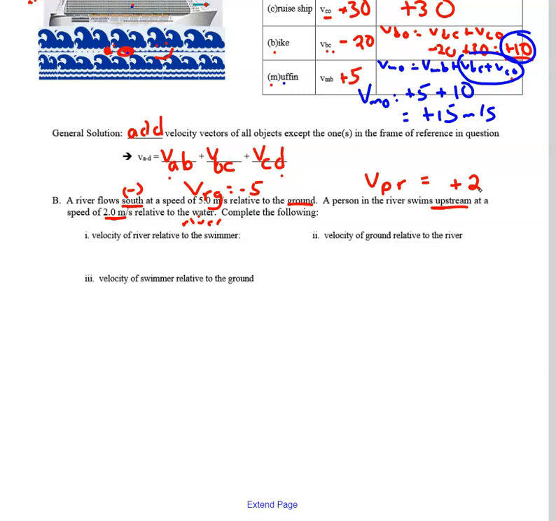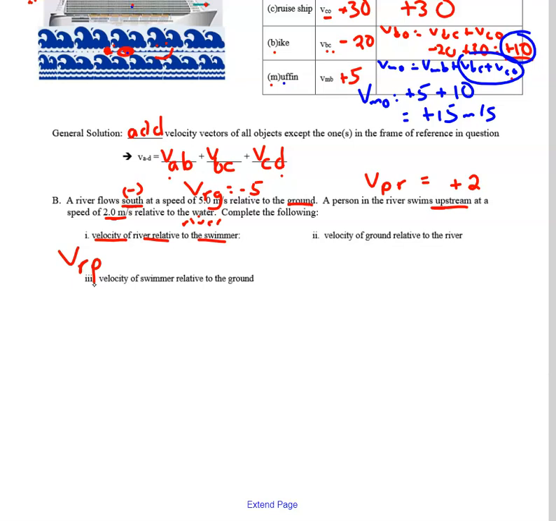All right, so let's see the first question. What is the velocity of the river relative to the swimmer? In other words, the velocity of the river relative to the person, so I'm going to put P, VRP. If I look up here, I have VRG, so they're not the same thing, and I have VPR, the velocity of the person relative to the river. And that's the key for this particular problem: if I'm in the river, the person seems to be swimming upstream.